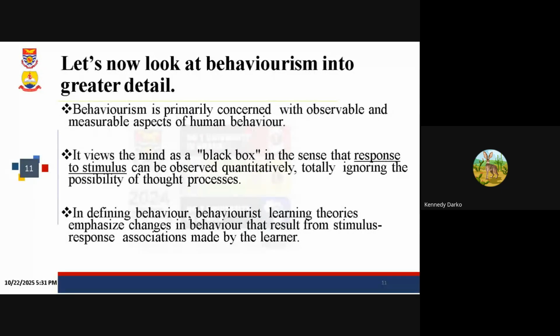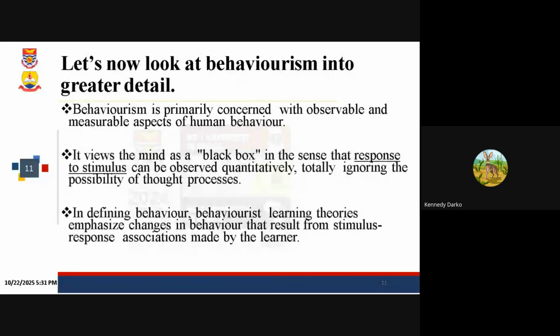It views the mind as a black box. Behaviorism sees the mind as a black box. In this black box, the senses respond to stimulus and can be observed quantitatively.